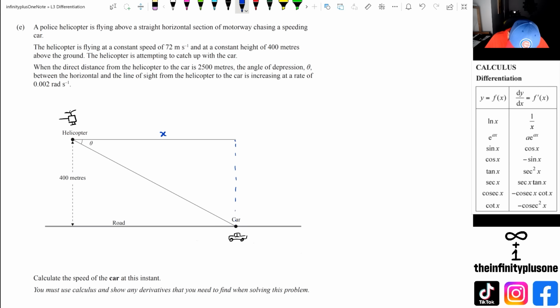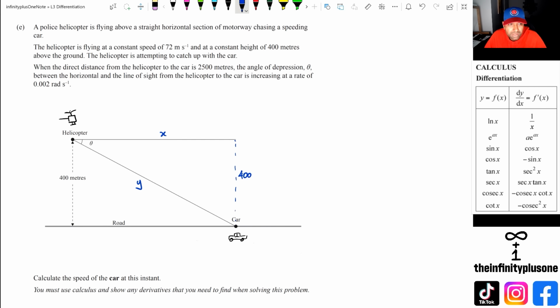And then we've got y, which happens to be the actual distance from helicopter to the car itself. So this is the first step. The next step is we've got 400 here, which is the distance between the car and the vertical height of the helicopter. So those are some of the things that we actually have.